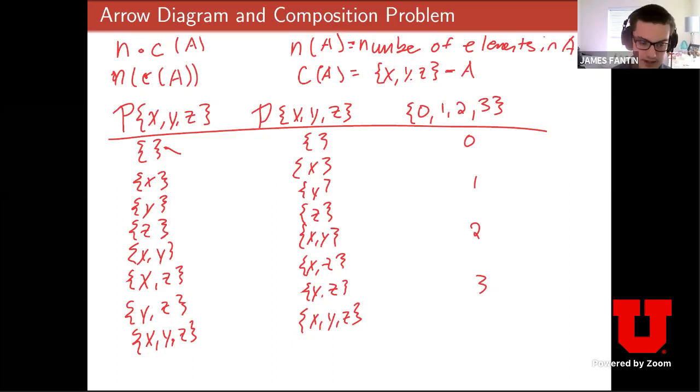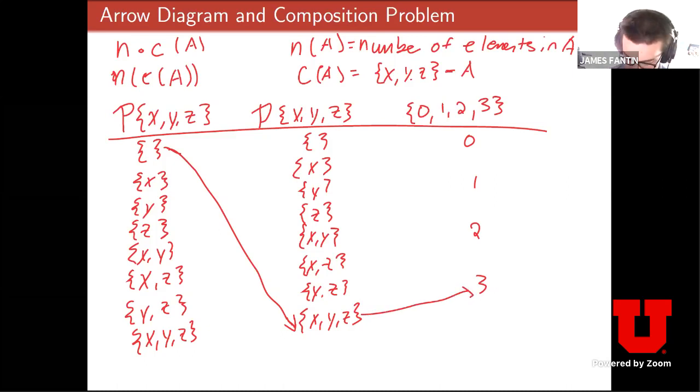Yeah, someone in chat put that it's the set containing x, y, z. We just follow what c is. c takes x, y, z, and then it subtracts all the elements in A. The empty set doesn't have any, so you map down here. And now, where does the function n take this element to? Yeah, it takes it to 3, and it just counts the number of elements in the set.